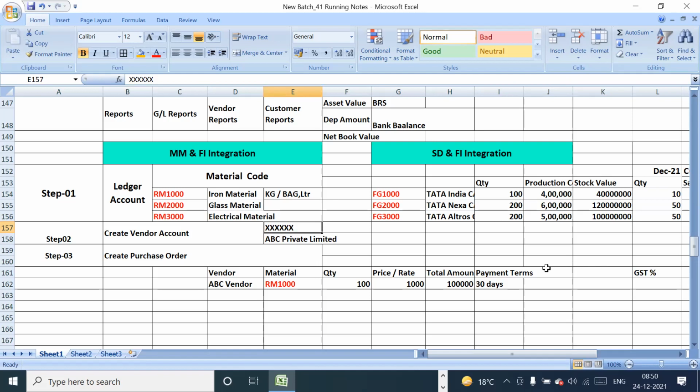Okay, so here the delivery date is also very important, meaning when you want this product delivered. Suppose today I am going to give the purchase order, and I tell my vendor I want this material by tomorrow or by Monday.